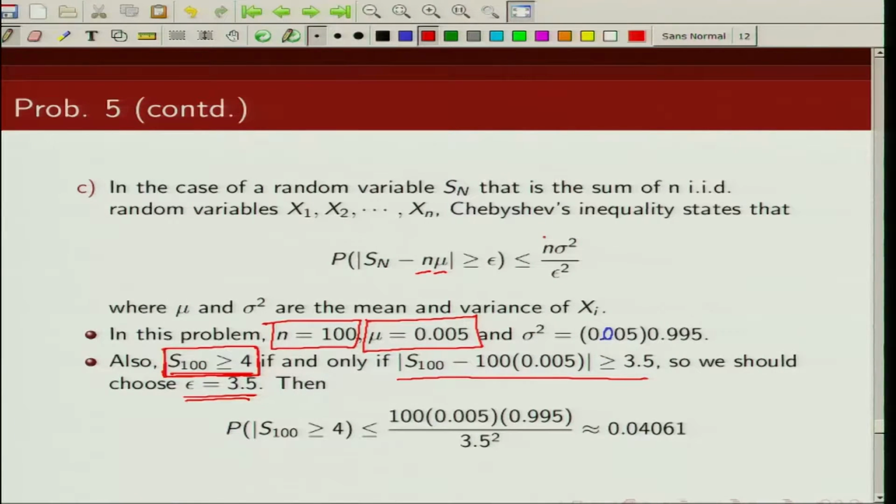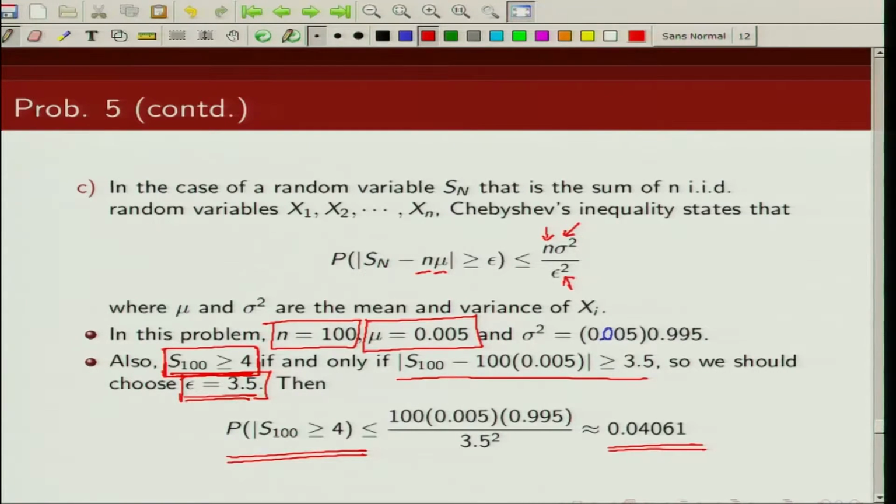So if we plug in the value of n, sigma square and epsilon, which is 3.5, we get the condition that the sum contains 4 or more ones. That probability comes out to be upper bounded by 0.04061.